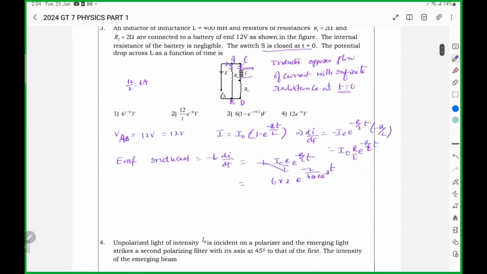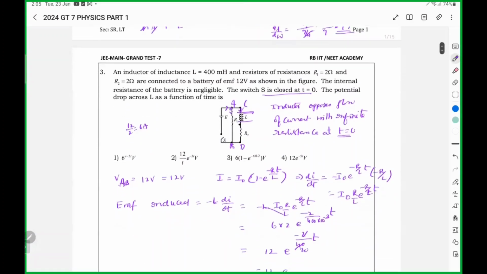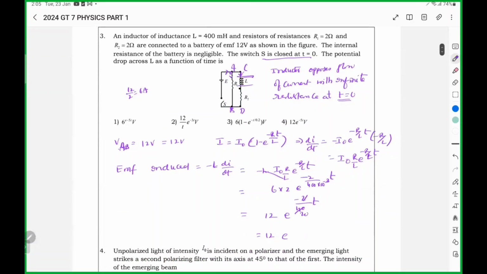So as a function of time, it is 12 e to the power minus 2t by 0.4, that is 12 e to the power minus 5t, since 400 into 10 to the power minus 3 gives 20 by 4, that is 5.